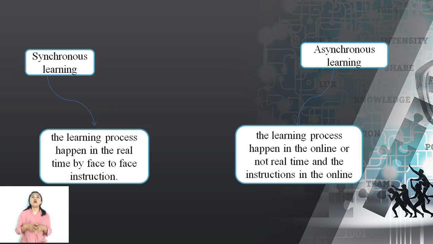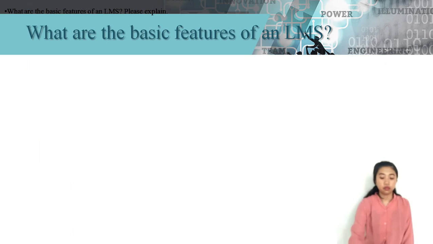Asynchronous learning also helps students who have difficulty expressing their opinion or suggestion in real time. For example, the teacher uploads the material in Schoology and students should access or download the material. Students can do it anywhere and anytime within a defined number of days.